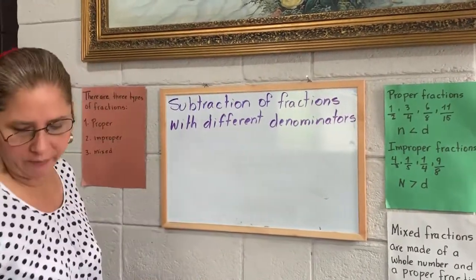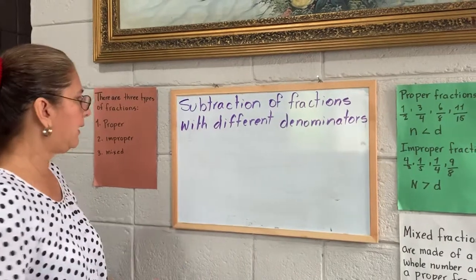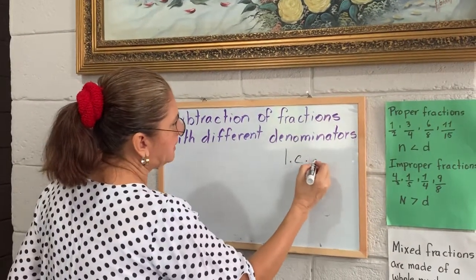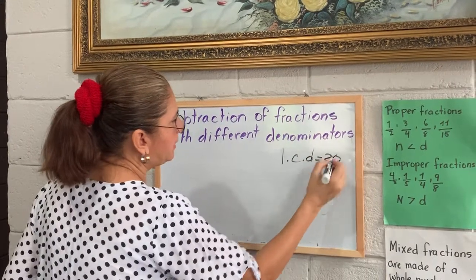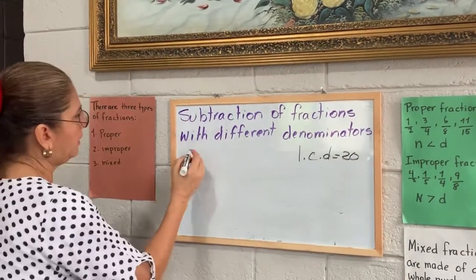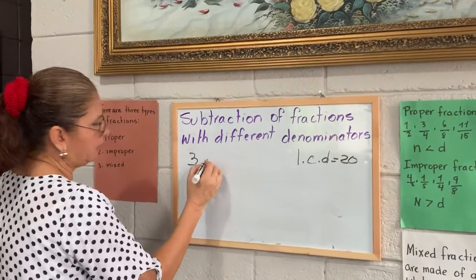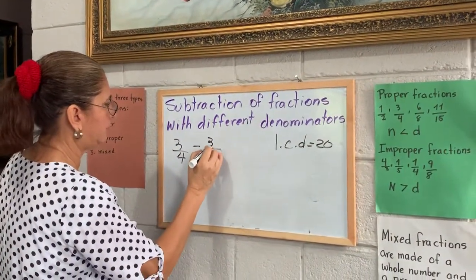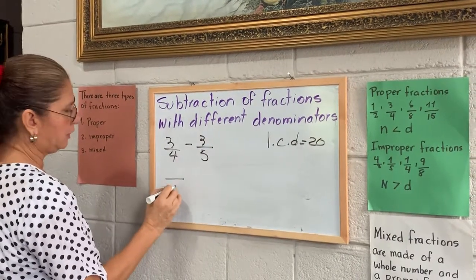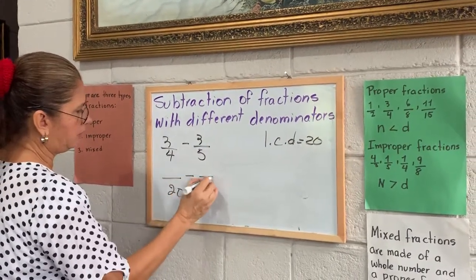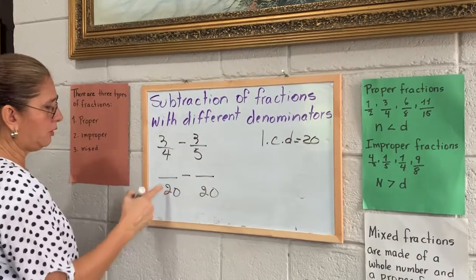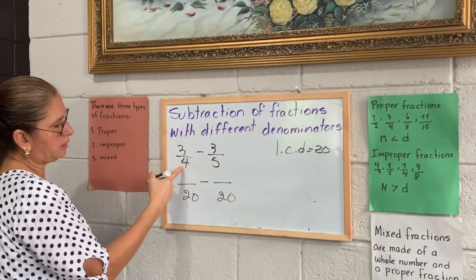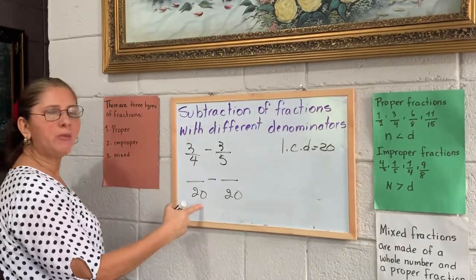Convert into equivalent fractions. The LCD is equal to 20. I multiply this number by another number to get 20.